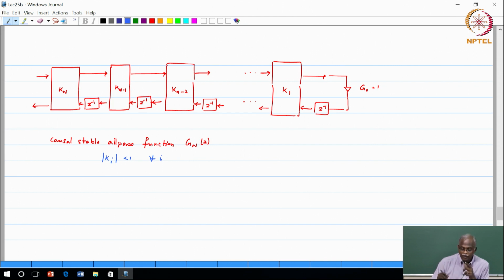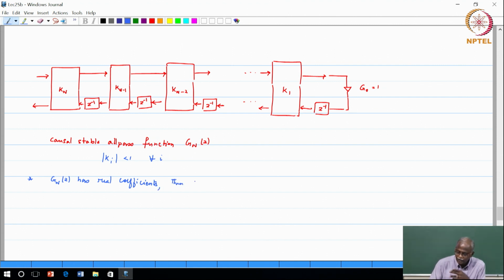We can also show the following, again it is a trivial extension of it, I am sure you can do that. If g n of z has real valued coefficients, then kn, which is a ratio of two of the coefficients of the polynomial, kn's will also become real.